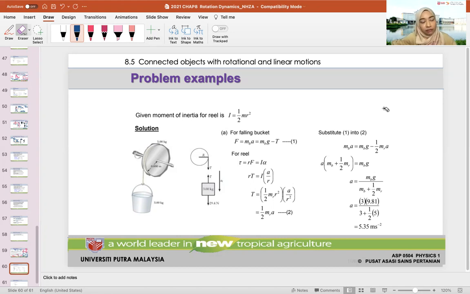So net F in the X, net F in the Y. Focus on the ramp. How do you resolve the MG? Stuff like that. You don't have to take note of the pulley yet. But the tension in your pulley penting. You don't have to solve for torque, but you need to know if your tension is this one, T1, then this guy should also be T1.